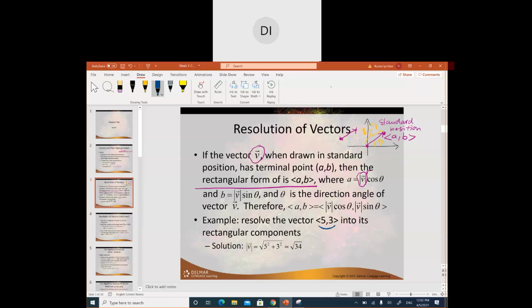So these are A and B, the coordinates of this point here, right? If I want to find the magnitude of the vector, we take the square root of A squared plus B squared, and that gives me the square root of 34. Okay?